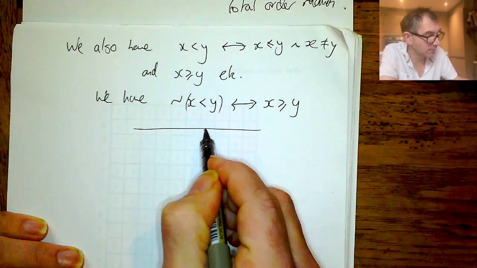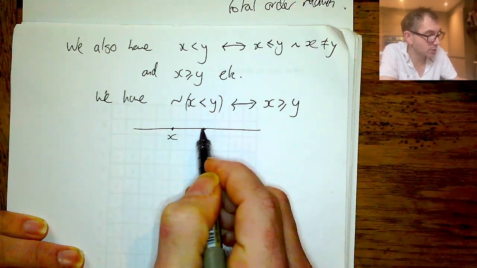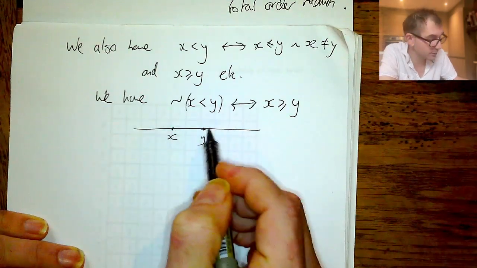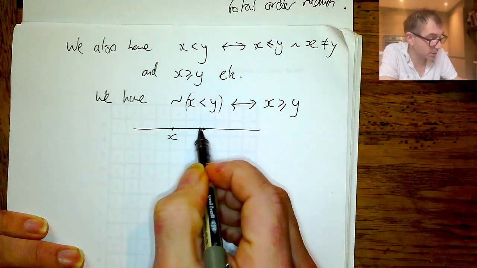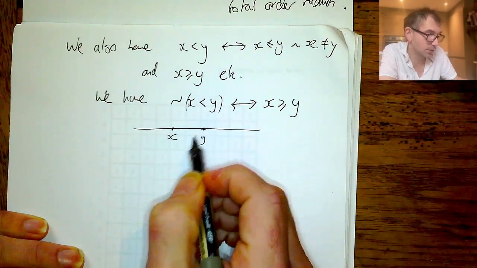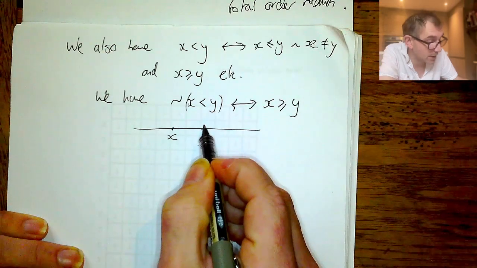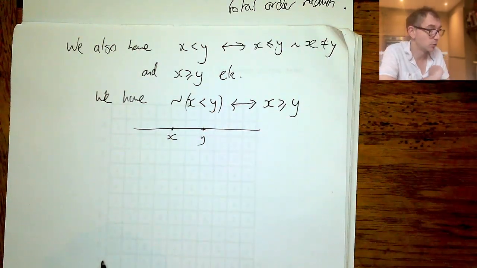If you have a number line and you've got x and y in that relation, so x is definitely less than y, then the opposite set of things that you could be looking at there are all the things that are the same as y or bigger. So you have those relationships.